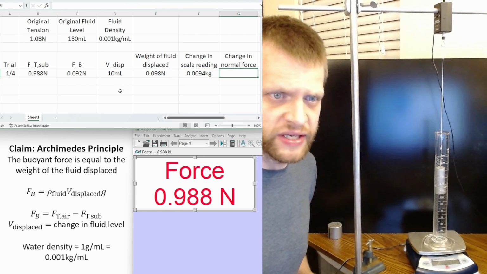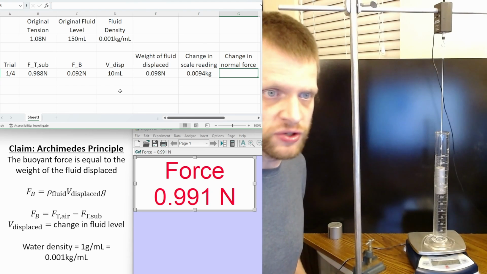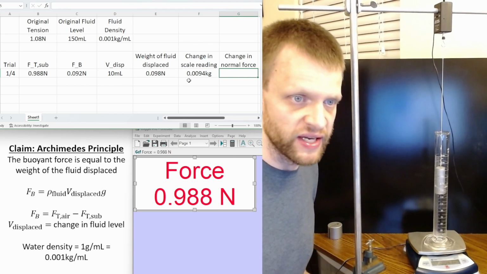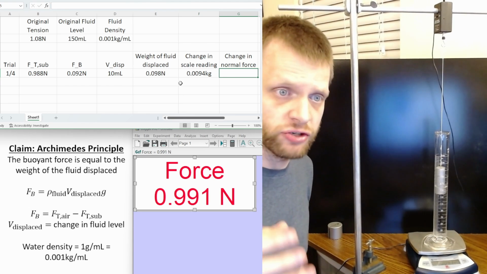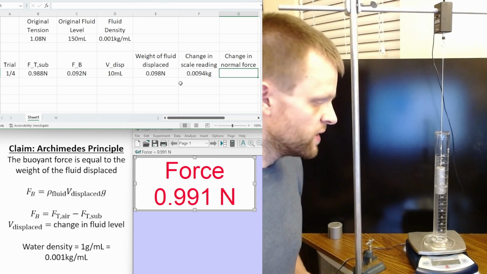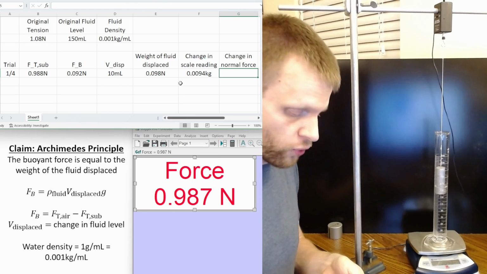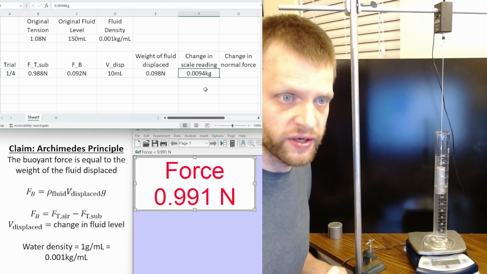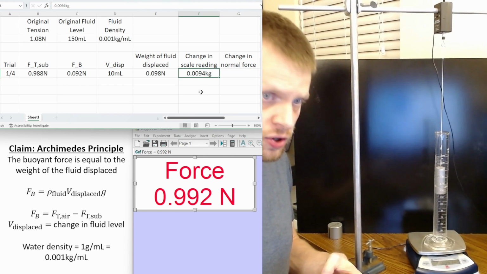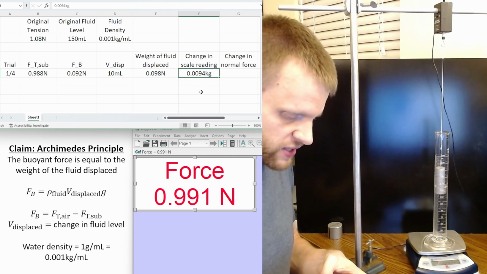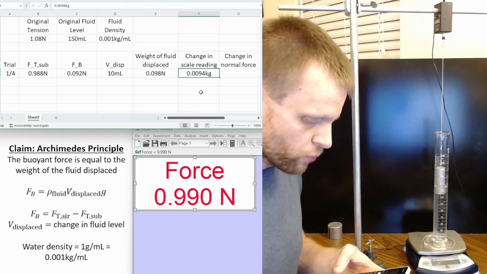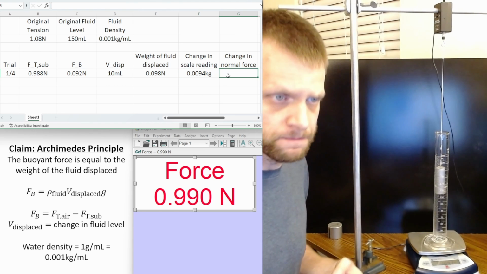And last one on here, let's look at this change in the normal force. If our scale reading went up by 0.0094 kilograms, to get the effective change in the normal force, we have to multiply this by 9.8. So 0.0094 times 9.8, I got 0.092.